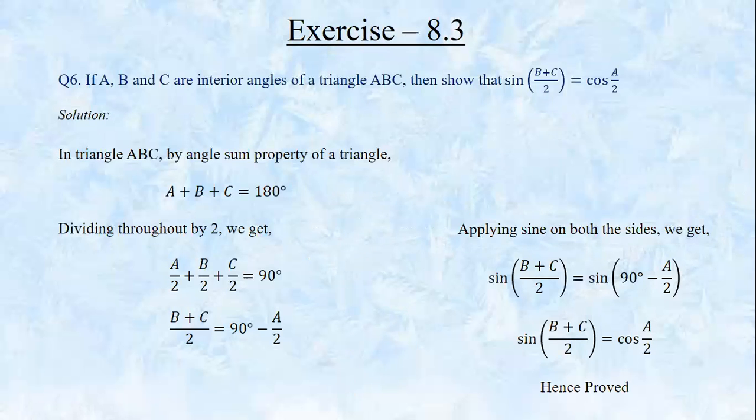Now, going back with that step. Two angles are equal, so we are going to apply the trigonometric ratio sine on both the sides. So in that manner, we get sine of B plus C by 2 is equal to sine of 90 minus A by 2. We know that sine 90 minus A by 2 is cos A by 2. So we get sine B plus C by 2 is equal to cos A by 2. Hence, we have proved the question.